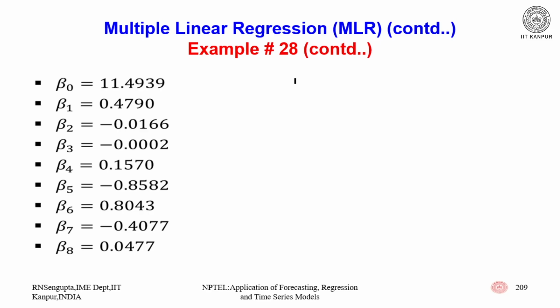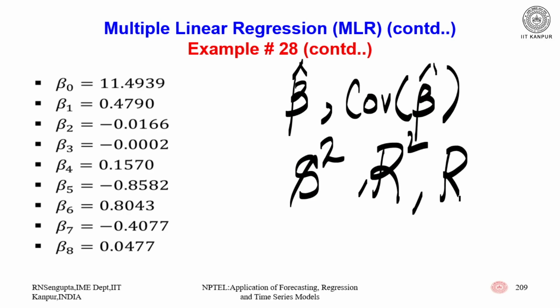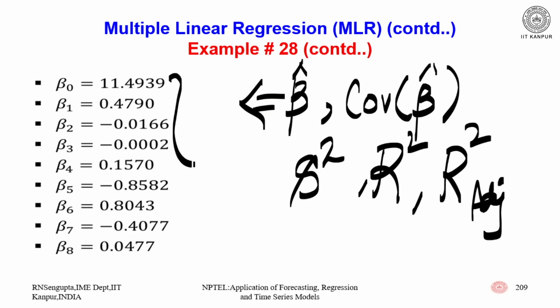What I need to do is find out beta hat, find out covariance of beta hat, find out S square, find out R square, find out R square adjusted. I have only done this, because once you have the data set, please do that. That is for extra knowledge, related to the assignment and the end sem. These calculations of R square and adjusted R square, you can do, and that will give you a lot of confidence. So, the values of beta hat, which is the vector, are these.